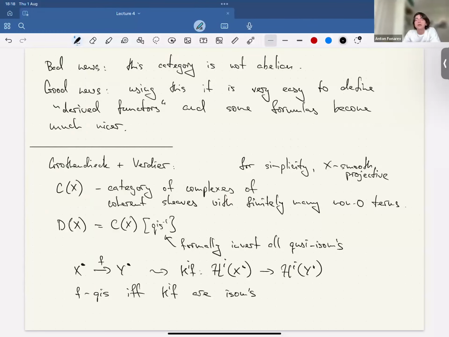So in other words, quasi-isomorphisms are morphisms that induce isomorphism on cohomology.